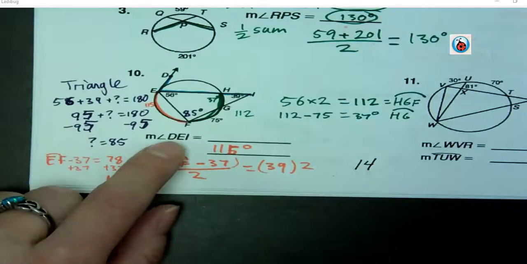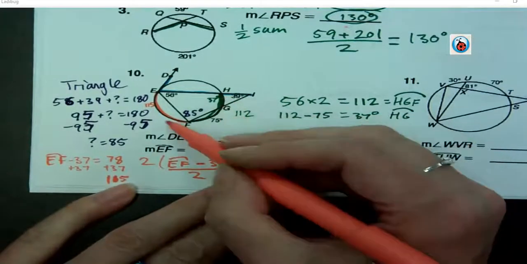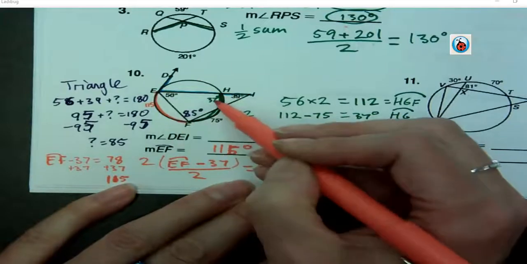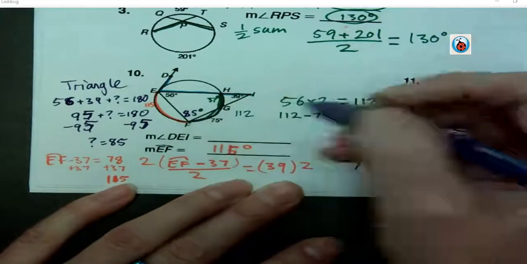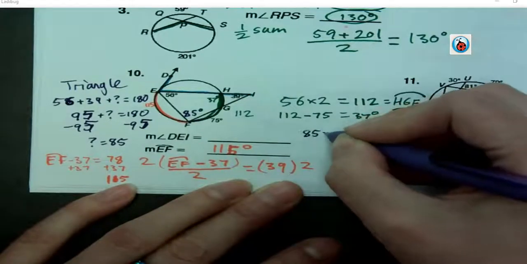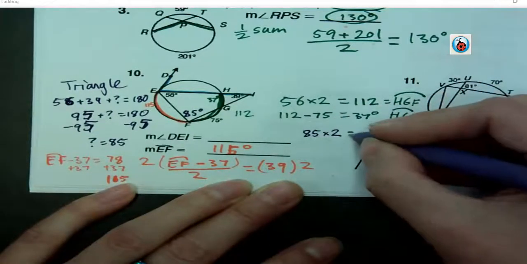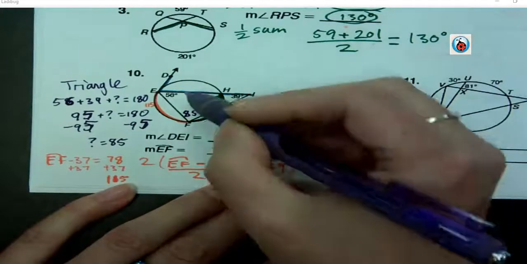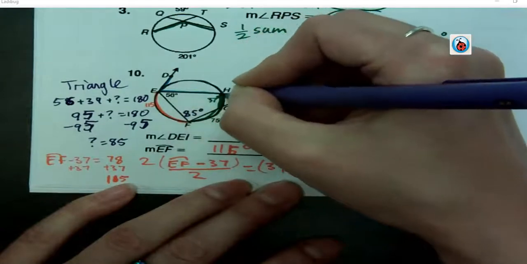Alright, now I still have to get back around to DEI. And so I can choose two ways. I now have all my measures of the arc except for that. And so I could add them all up, subtract from 360. Or I can take my 85 degrees that I solved for times 2, which would give me 170. So 170 is going to follow out for all of this.